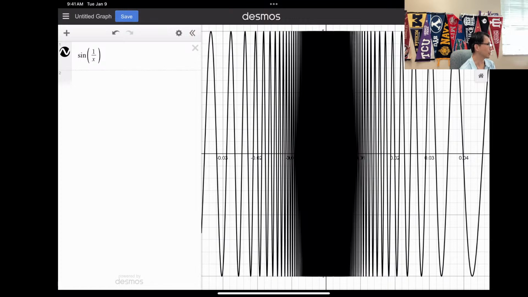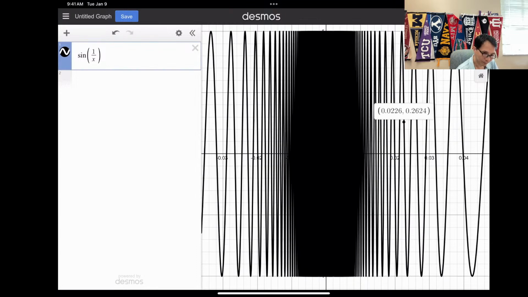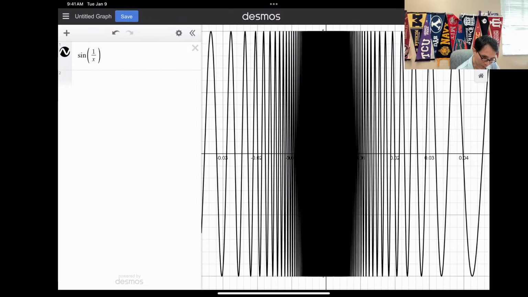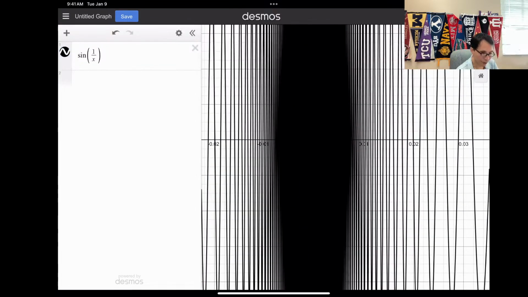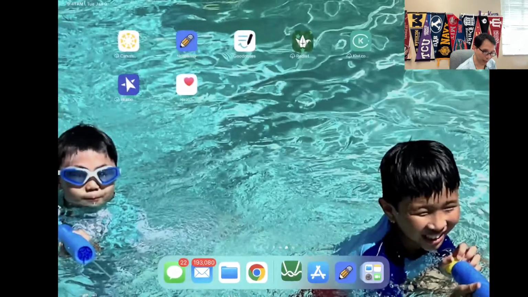You're going to be like, I don't know. I'm so confused, because that's what happens here: it's going between -1 and 1, -1 and 1. When it goes to 0, it's going so fast that you cannot tell. If I keep zooming in, what will happen? Cannot zoom in here. So it's basically just a bunch of lines jumbled together, and that's what happens here.